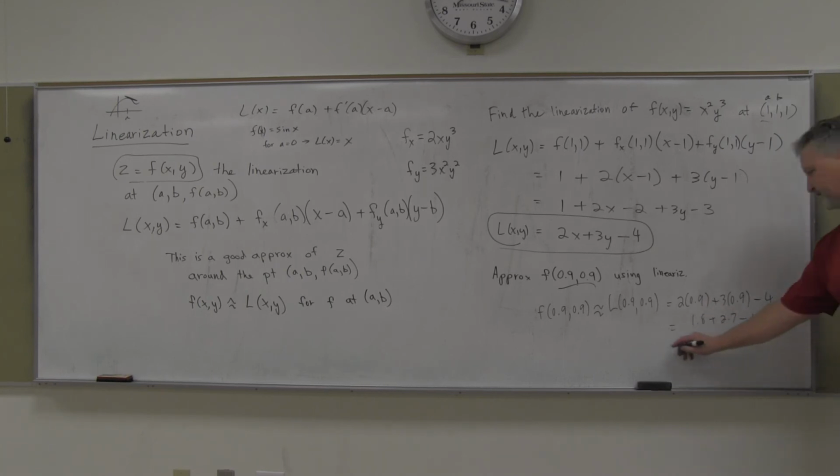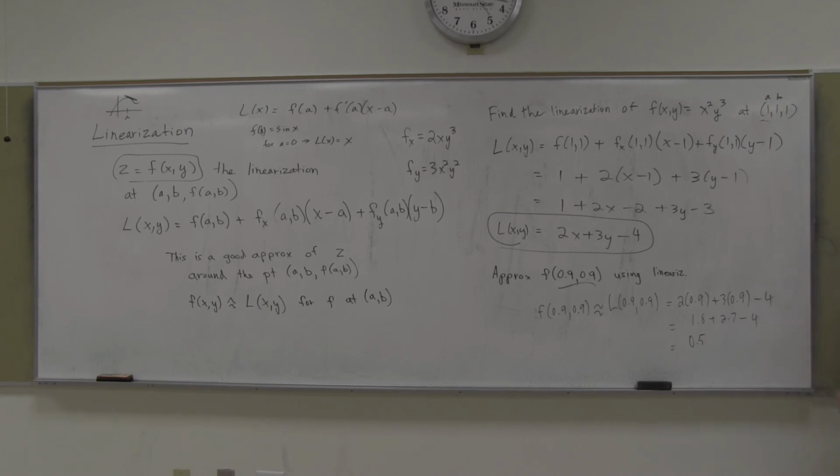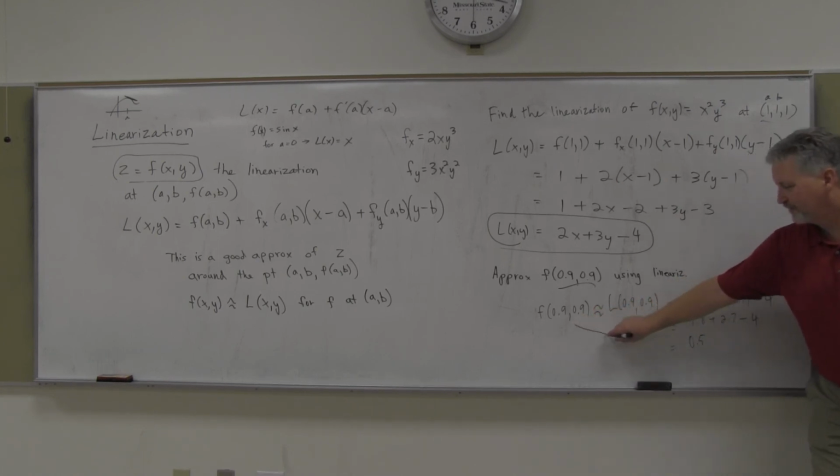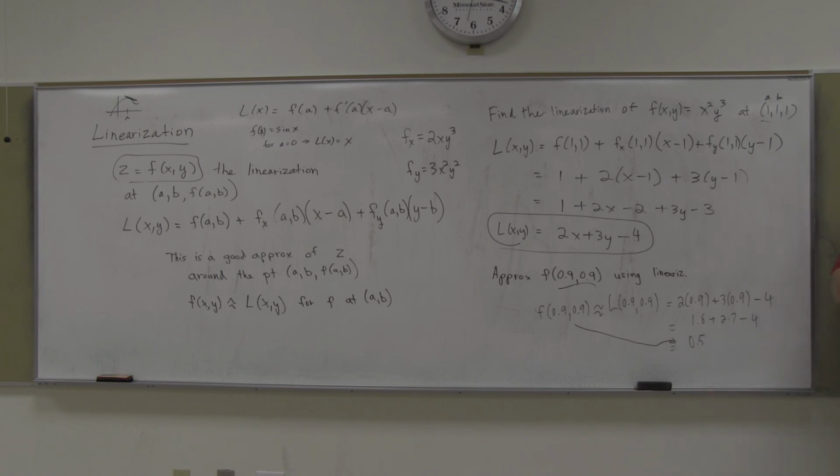I can do that a lot easier than the squaring and cubing. 1.8 plus 2.7 is 4.5, minus 4 is 0.5. So f of 0.9, 0.9 is going to be about 0.5.